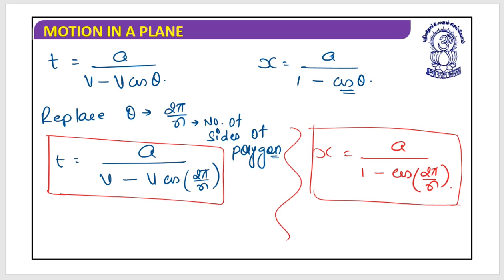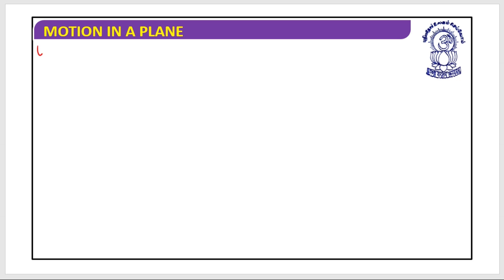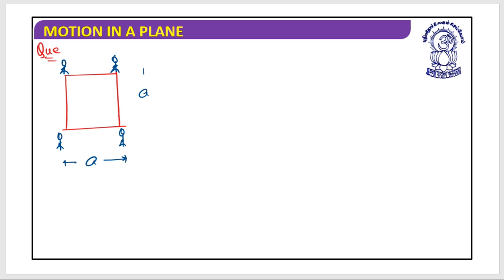Yes, so let's try this. Let's move to the question that was initially asked: this was the square, and persons are standing over here, and the side of the square is a. So the time at which they will meet, let's say they are moving with speed v, is t equal to a upon v minus v cos 2 pi by n.